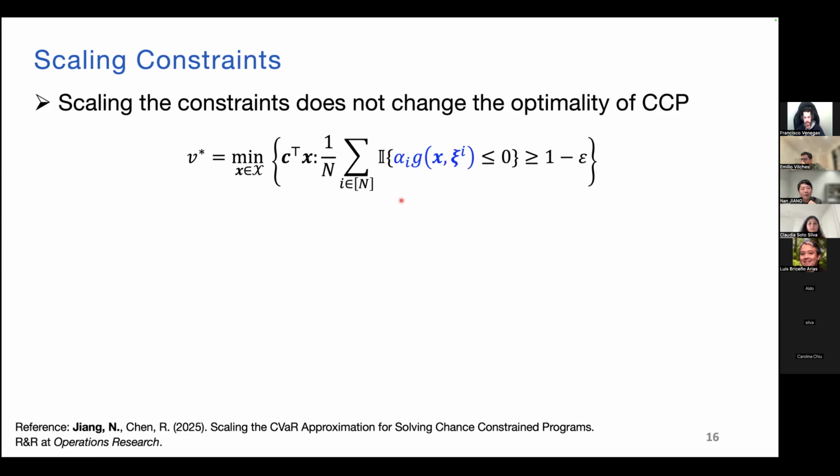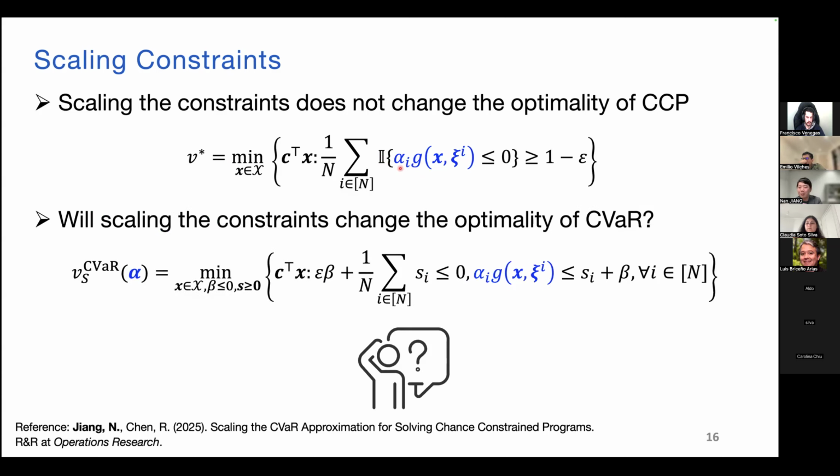Because we know if we have alpha, let's say some positive values, whether alpha is 1, or alpha is 2, or maybe some combination 1, 2, 3, because we have the indicator function here, this will not change the optimality of the chance constraint programs. And then Ray and I started to think about whether this will change the optimality of the CVaR approximation.